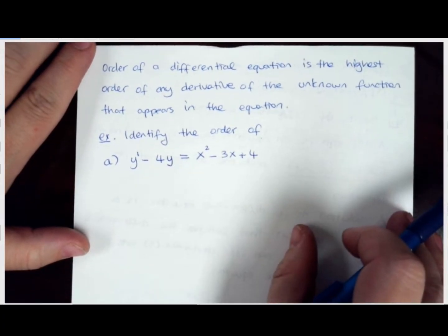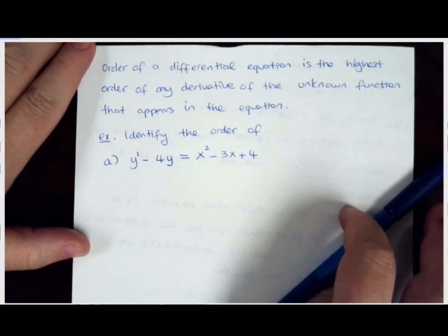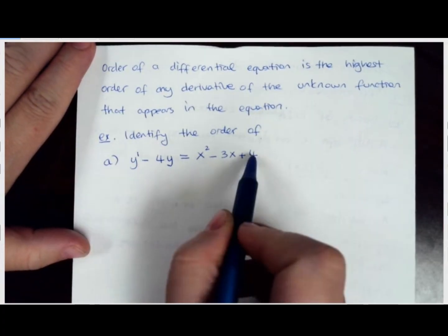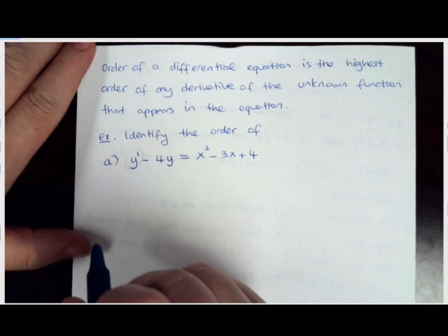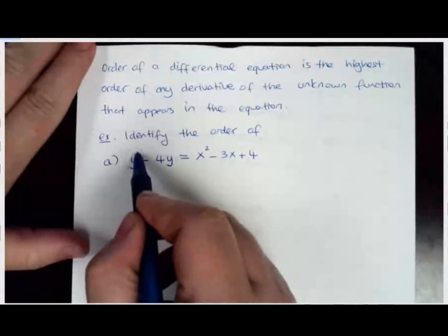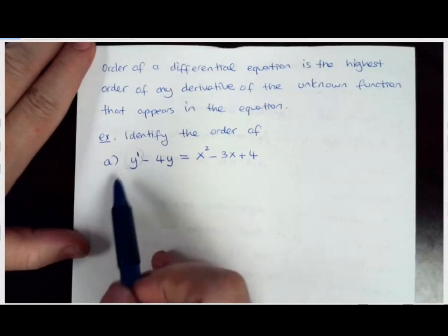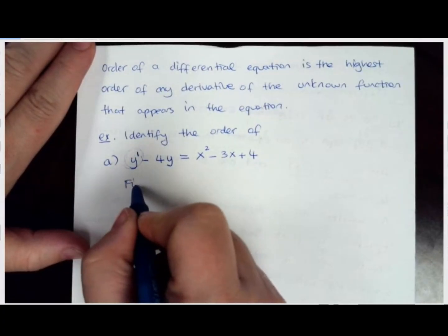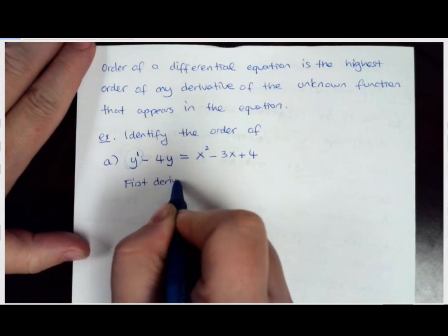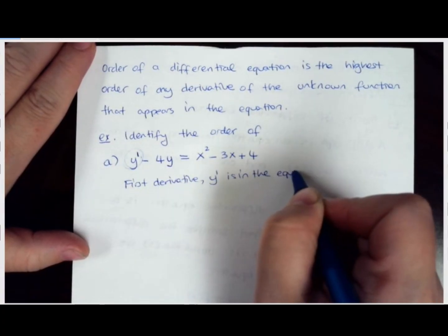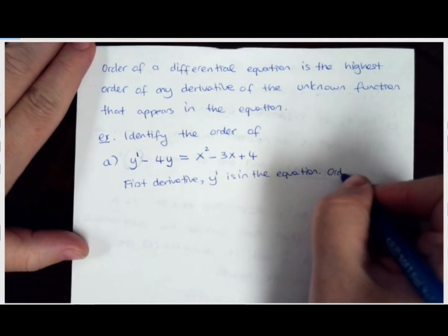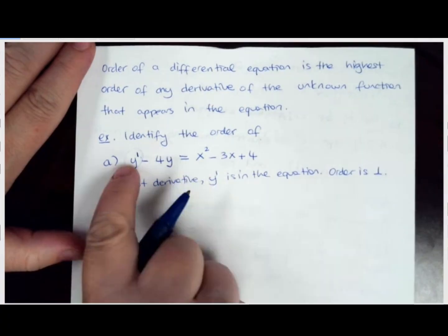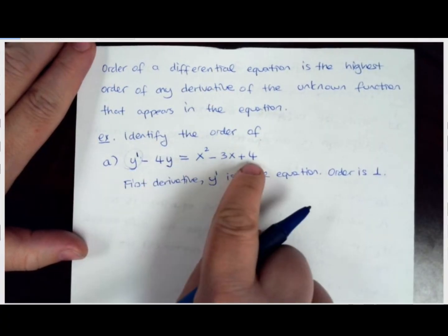It is the highest order of the derivative. We have the function y itself, which is f of x, and we have the first derivative of that function. Only the first derivative is in the equation. Therefore, the order of this equation is 1. This is a first order differential equation.